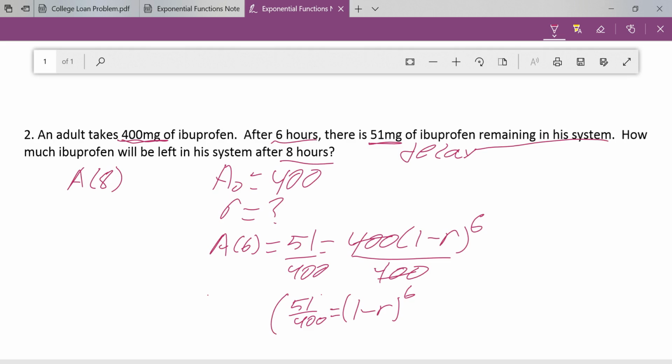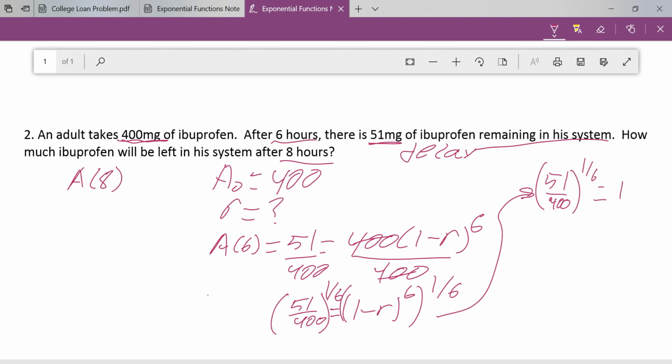And then we can take both sides and raise them to the 1/6 power so that we will end up getting 51 over 400 to the 1/6 equals 1 minus r. Now if we put this in our calculator, we get 51 divided by 400, all raised to the 1 divided by 6. This gives us about 0.709 equals 1 minus r.